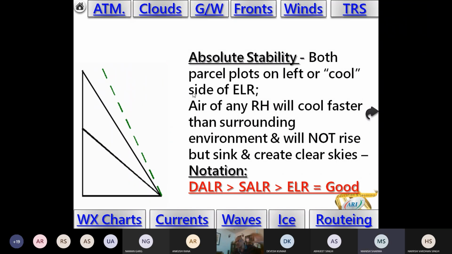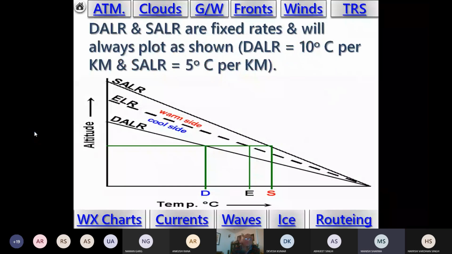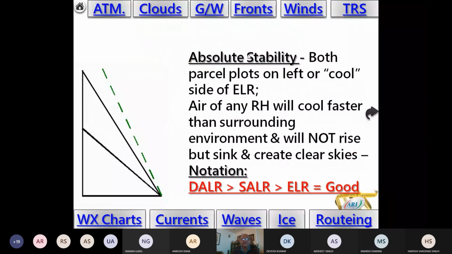Okay. Now, when we talk about absolute stability, absolute instability, and neutral stability, first of all, this is the extreme case. Most of the time, in reality, this is what we see. ELR is somewhere between the DALR and SALR. The word absolute means both the lines plotting the DALR and SALR are on either the left-hand side or the right-hand side of the dotted ELR.